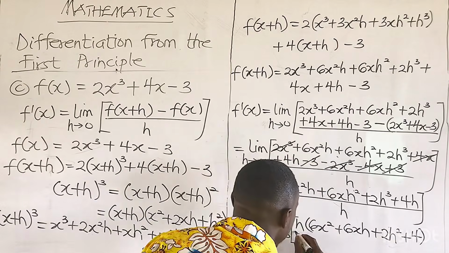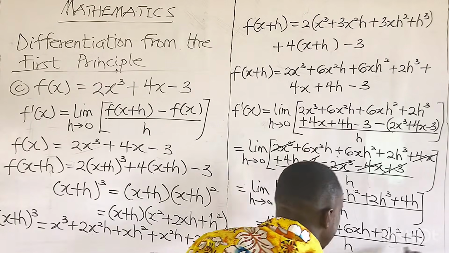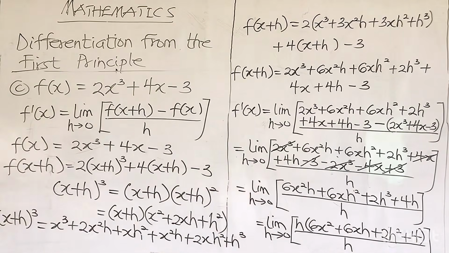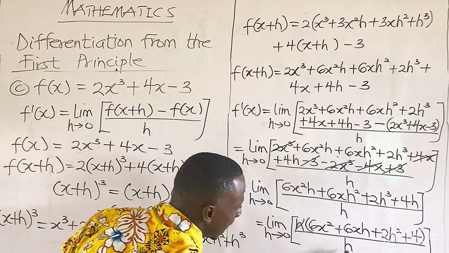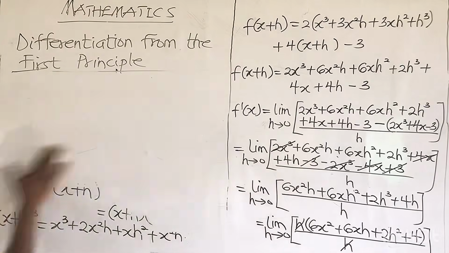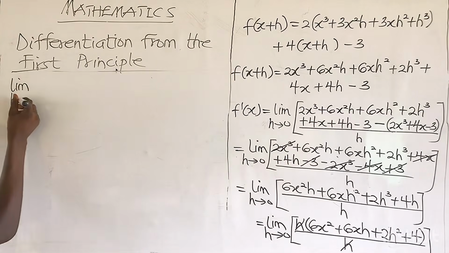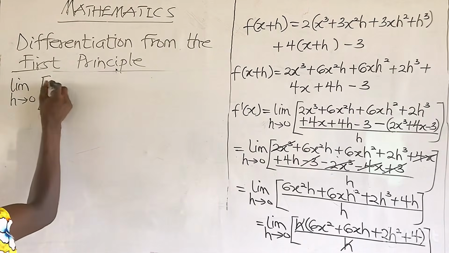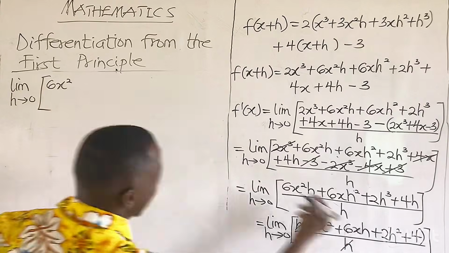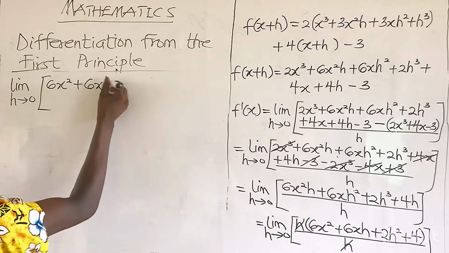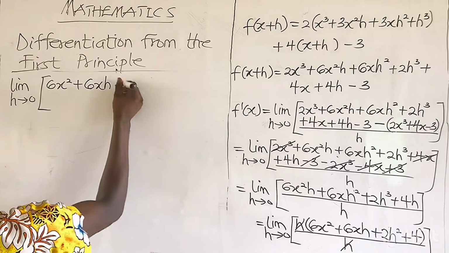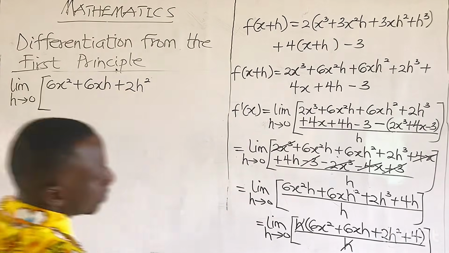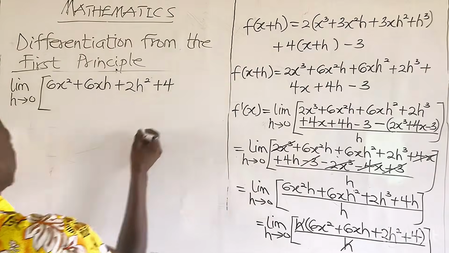You close the bracket, all over h. After factorizing, then there is a need to cancel out this and this. So from here, we still have limit as h approaches 0 in a big bracket. It is left with 6x squared plus 6xh plus 2h squared plus 4.